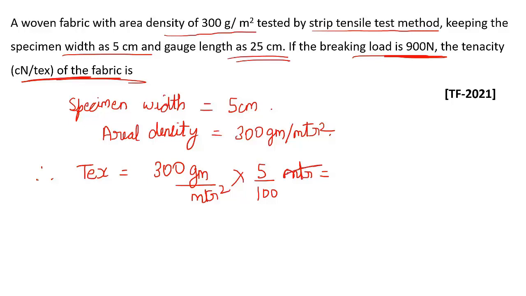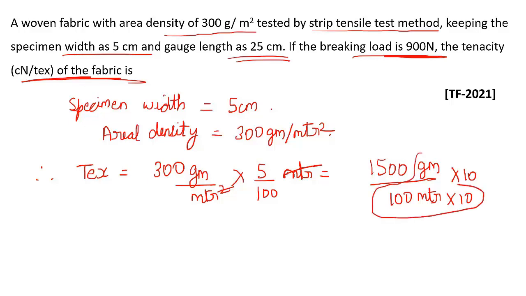Meter to meter gets cancelled, and if we multiply this and this, it will come out to be 1500 gram per 100 meter. If we multiply by 10, it will come out to be gram per 1000 meters. So this will be tex, so 15,000 tex.